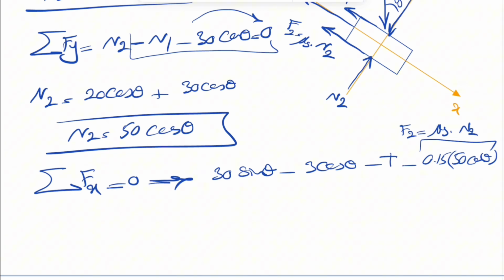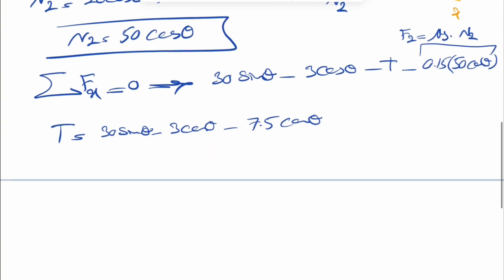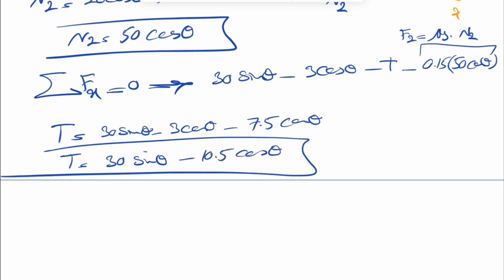So our T in here will be 30 sine of theta minus 3 cosine of theta minus 7.5 cosine of theta, or our T is equal to 30 sine of theta minus 10.5 cosine of theta.